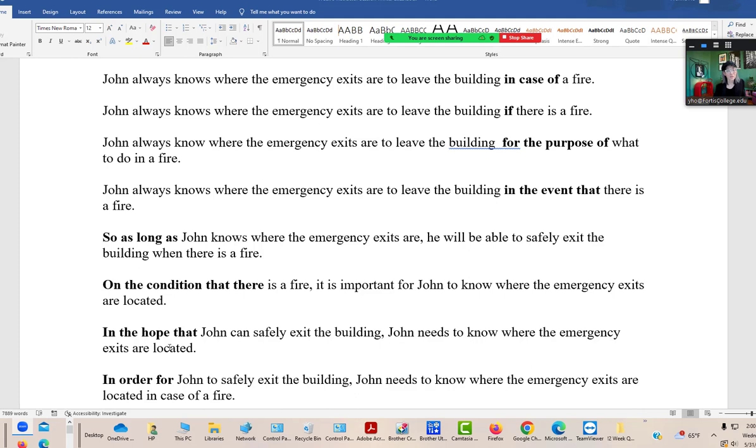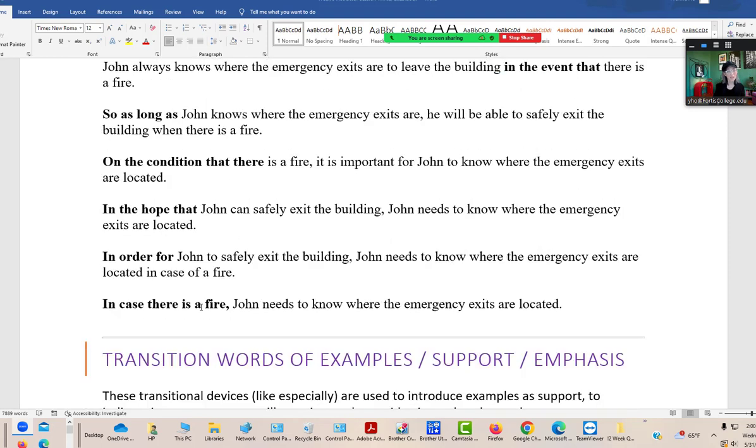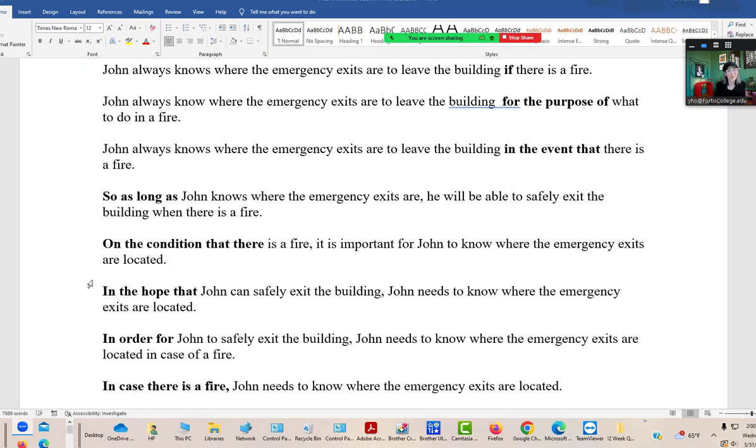In case there is a fire, this in case means if there is a fire, John needs to know where the emergency exits are located. In order for John to safely exit the building, John needs to know where the emergency exits are located in case of a fire. So here you have in case of a fire and in order for. You actually have two different ways of saying if in the same sentence. So these are all different ways of saying if.